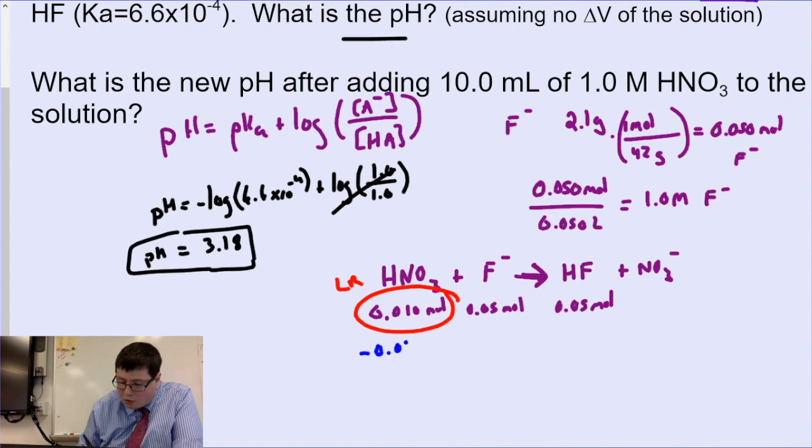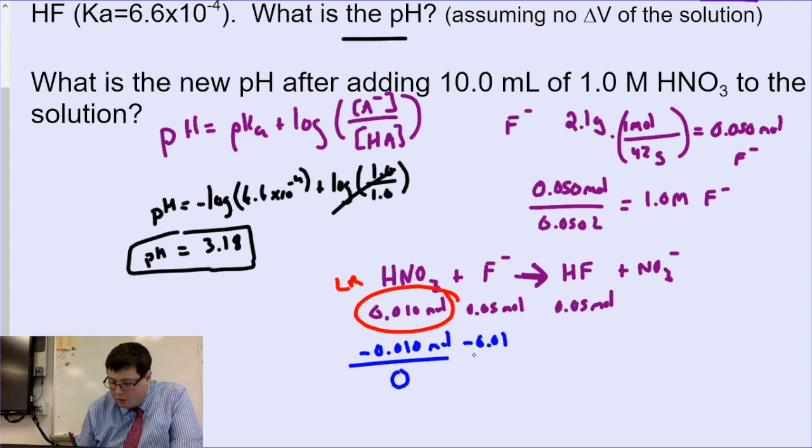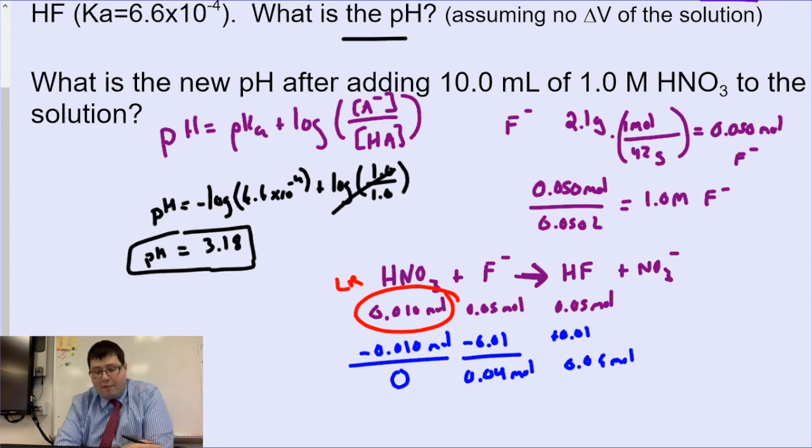I'm going to lose all of that acid, and its final amount of moles will be 0. I'm then going to also lose 0.01 moles of my F minus, but I'm going to gain 0.01 moles of my HF. We're not going to consider the NO3 minus because it's not an acid or a base, being the conjugate of a strong acid. So here I get 0.04 moles of my F minus and 0.06 moles of my HF.